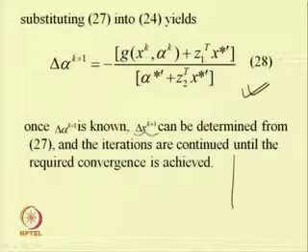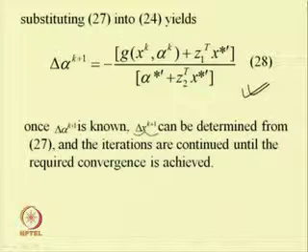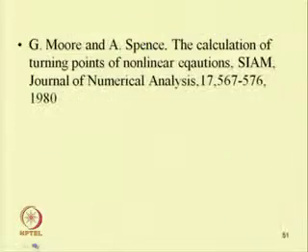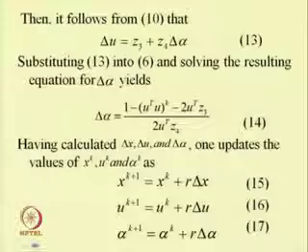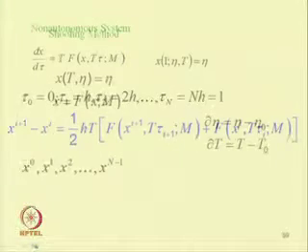When we have multiple solutions, we can have different branches, and particularly by using the pseudo arc length continuation scheme, we can overcome this turning point. For a more detailed study on this continuation scheme, one can refer to different books, such as the book by Nayfeh and Balachandran.